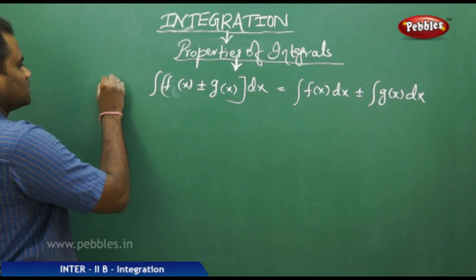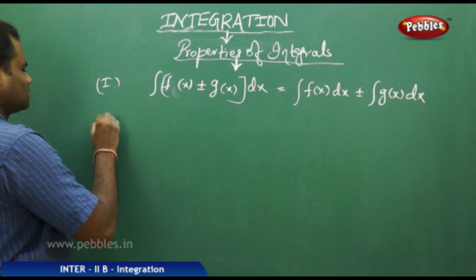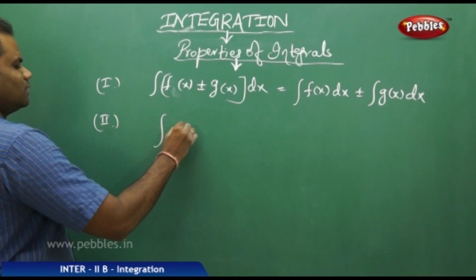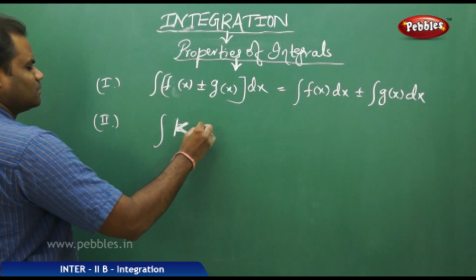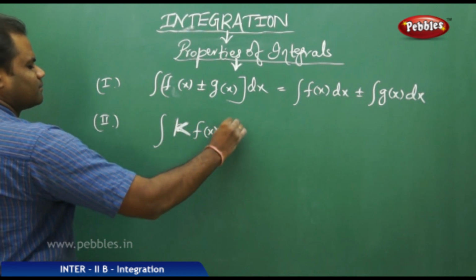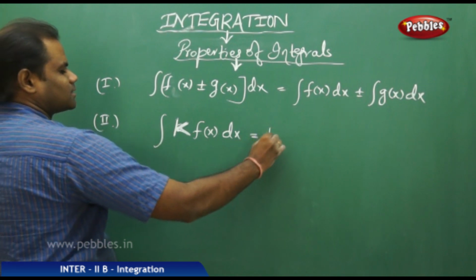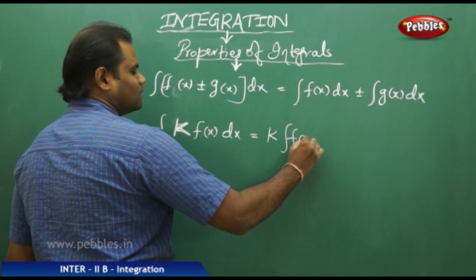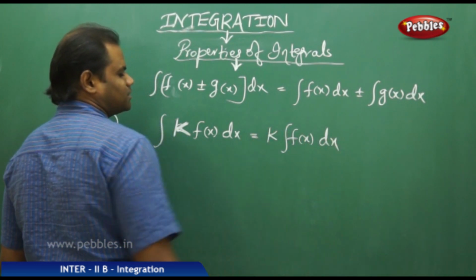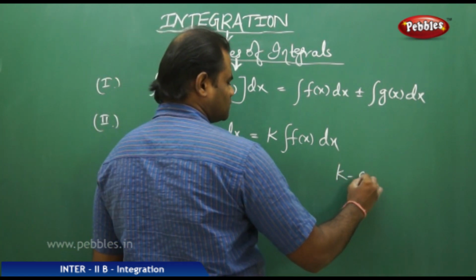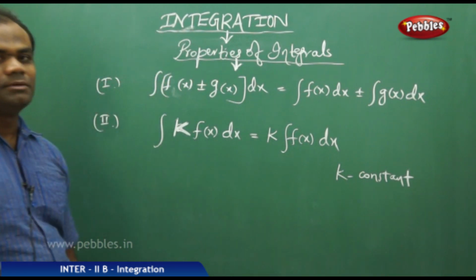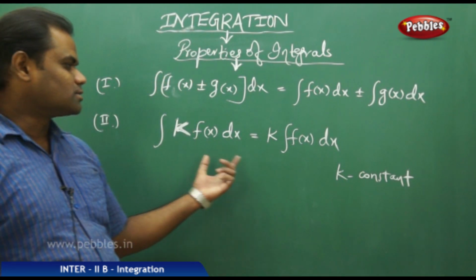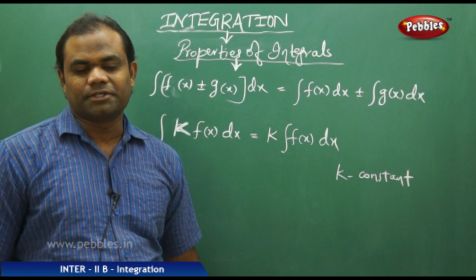And the second property is, if I have any constant k multiplied to the function, then that constant can come out freely out of the integration, because the multiplication of the constant does not affect the integration process.